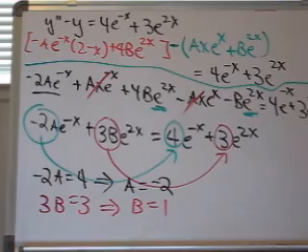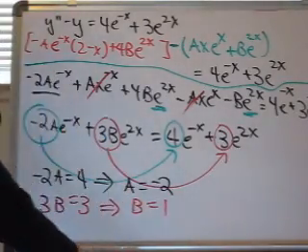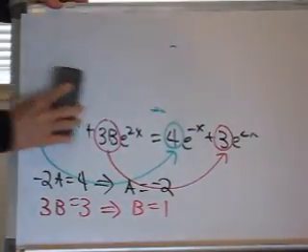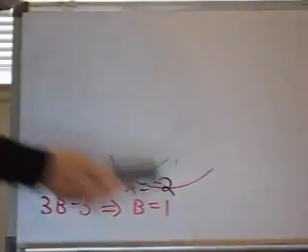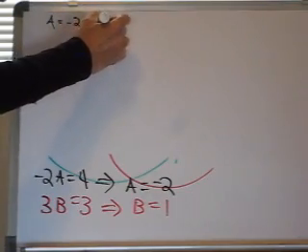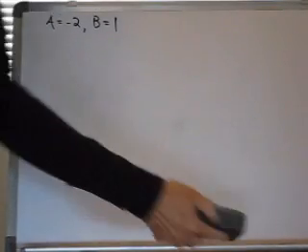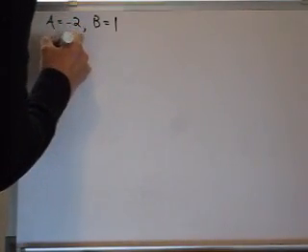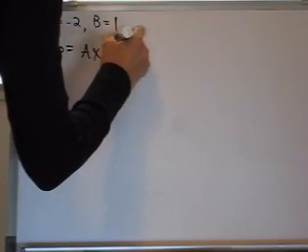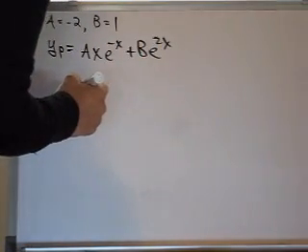So that actually gives me what my particular solution is when I substitute the a and the b in. I'll go ahead and write the particular solution down now, remembering that a is negative 2 and b is 1. The particular solution had the form ax e to the negative x plus b e to the 2x.